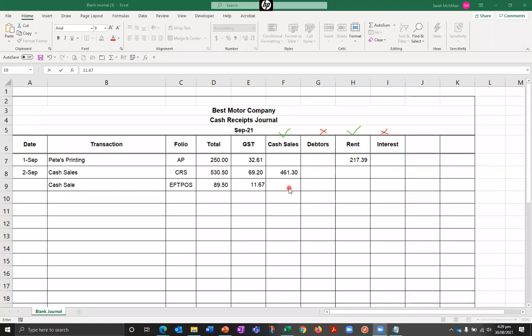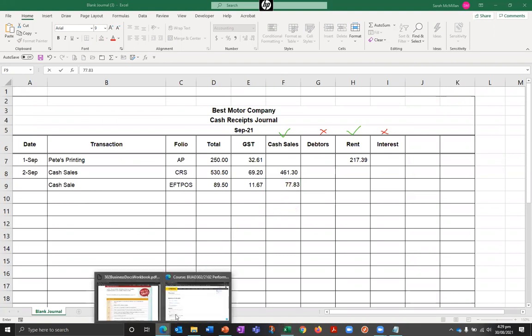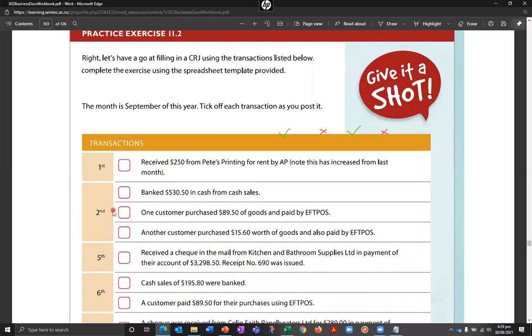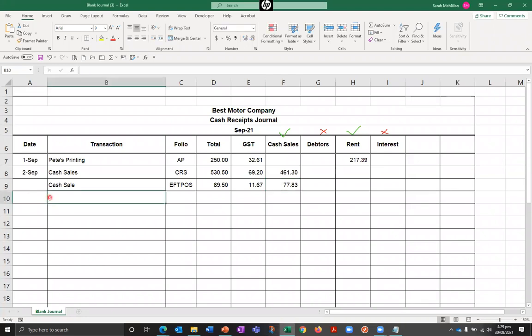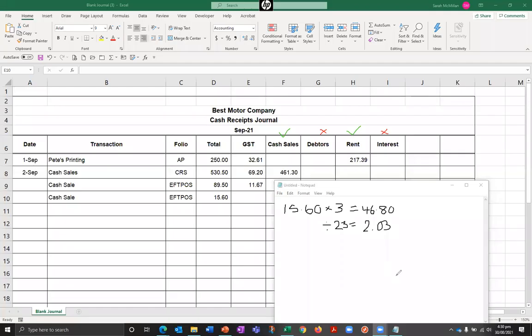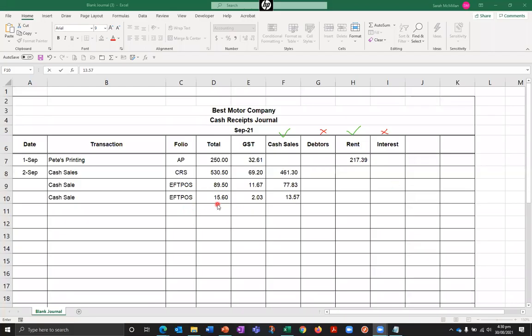And $89.50 subtract $11.67 equals $77.83. Third transaction for that date is another customer purchased $15.60 worth of goods and also paid by EFTPOS. So again, the cash sale, EFTPOS, the total amount $15.60, work out the GST. For this one, it's $2.03, and $15.60 minus $2.03 equals $13.57.